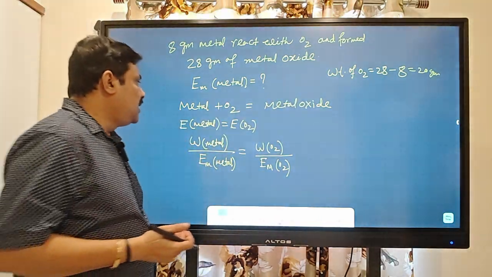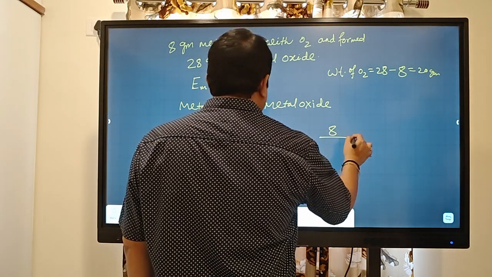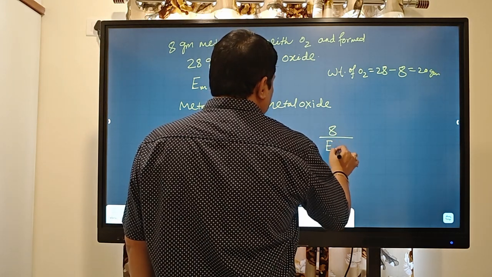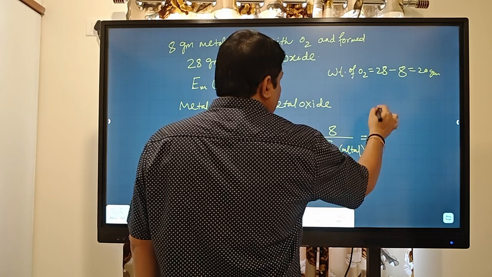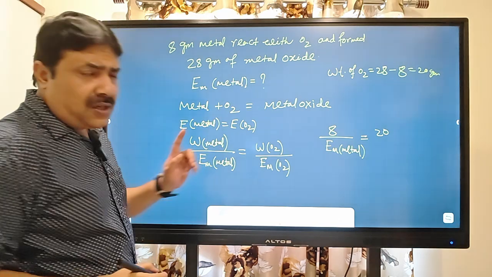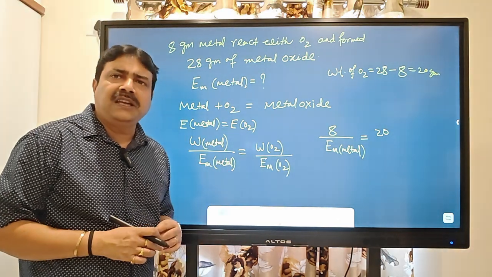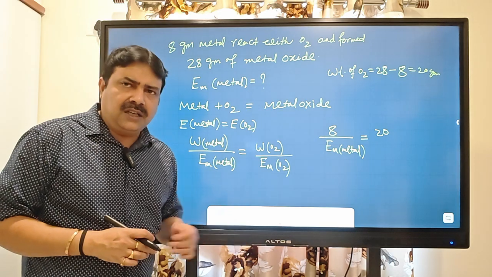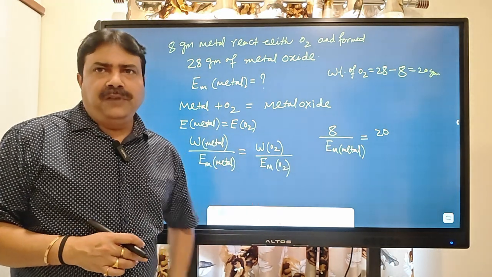We got that value. Then I will put over here, weight of metal is 8 gram. Equivalent mass of metal we need to find out, will be equal to weight of oxygen, we got 20, by equivalent mass of oxygen. If you look at oxygen electronic configuration, atomic number 8, electronic configuration is 1s2, 2s2 and 2p4.